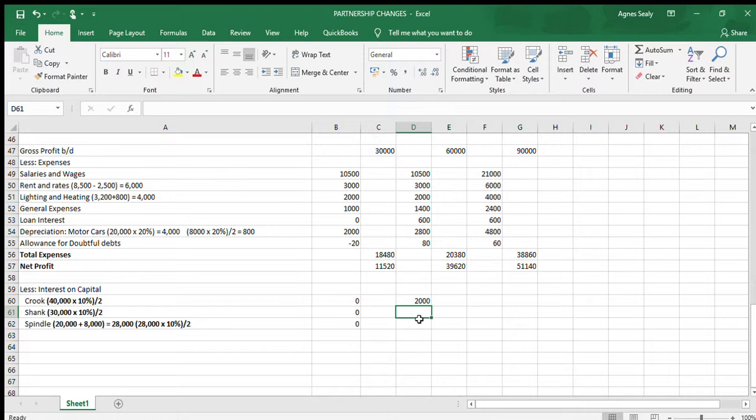For Shank, $30,000 times 0.1 divided by 2. So his interest on capital is $1,500. And for Spindle, it is $28,000 times 0.1 divided by 2.